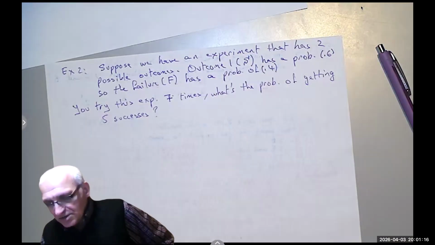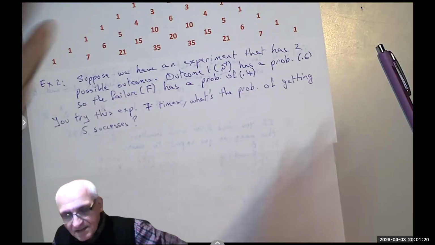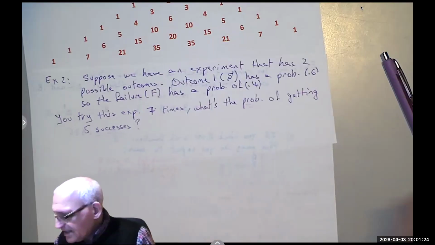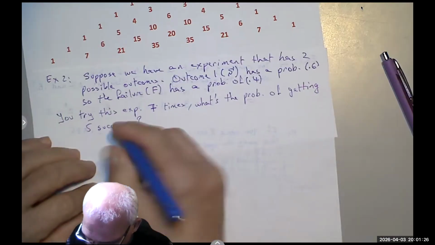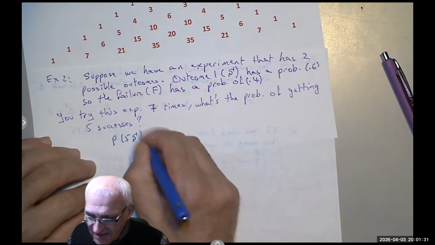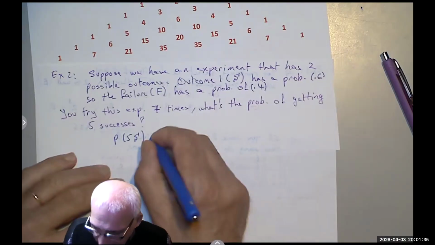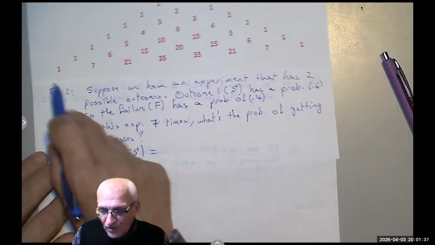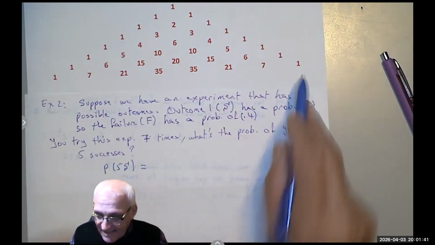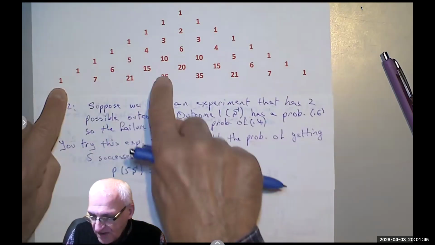I'm not going to only use Pascal's triangle, but you will see how it's going to help me. The probability of 5 successes, meaning 5 successes and 2 failures, since you are going to have it 7 times, equals: I'm going to go to the row of 7 again. Okay? And then I'm going to say, this is 0 successes, 1, 2, 3, 4, 5.